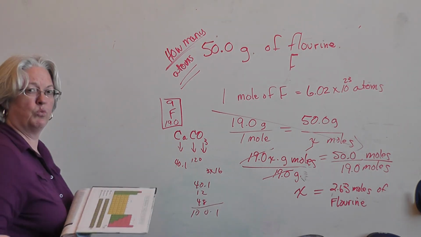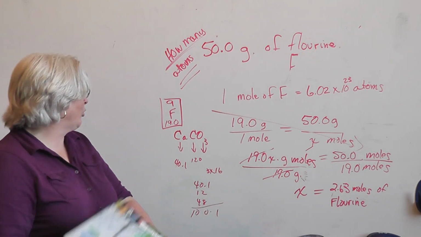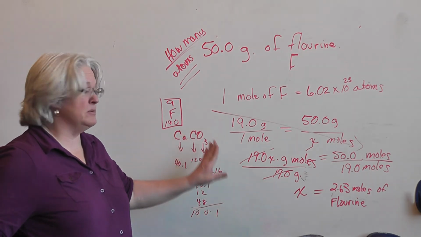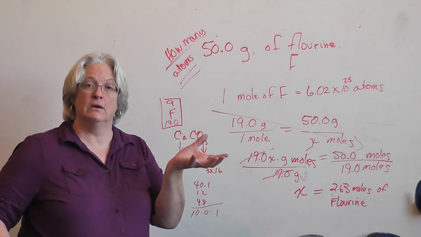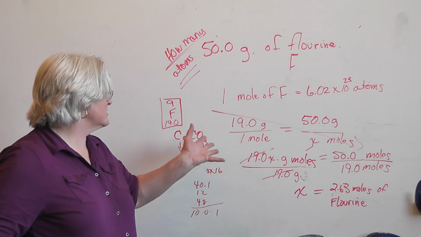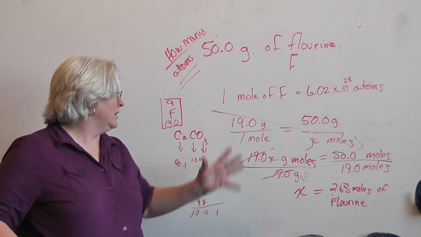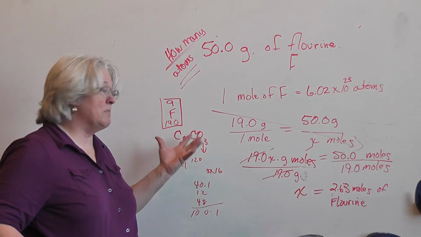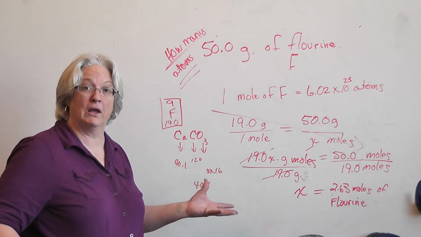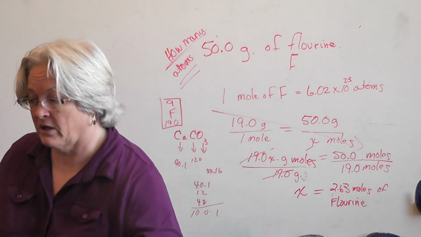You would have to have 100.1 grams of calcium carbonate, that amount of the sample of this compound, and that would contain 1 mole of molecules of calcium carbonate. So that's the end for this particular section.